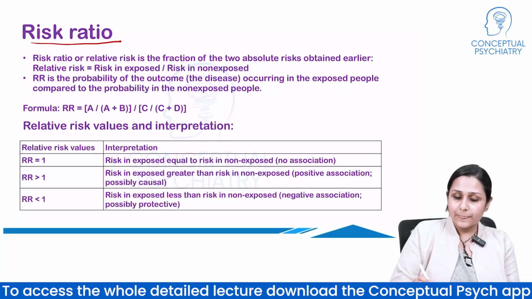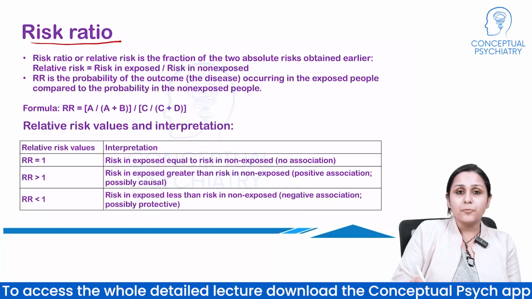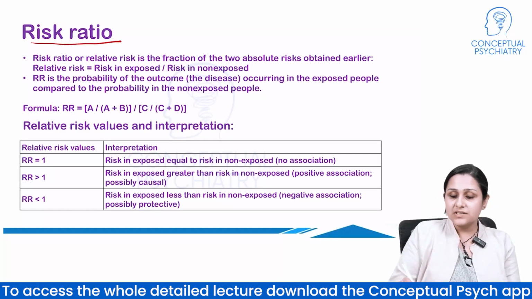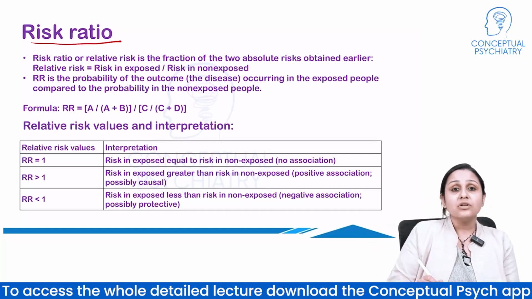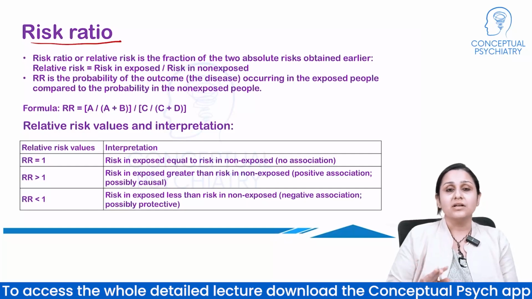So RR is given by A upon A plus B divided by C upon C plus D. So in attributable risk, we subtract, and in risk ratio, we divide one by the other. That's the only difference. And so the RR can have a range of values, and each of these values means something, as you will see later when interpreting meta-analysis or looking at forest plots.